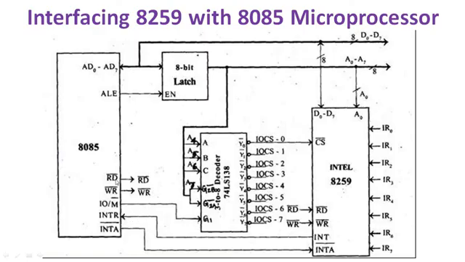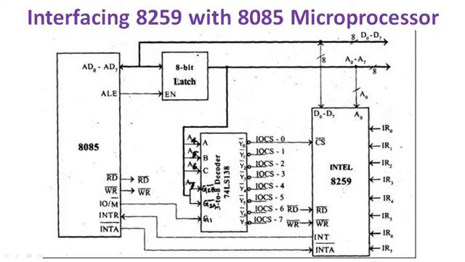Then RD bar and WR bar, so these are the read bar and write bar signals. Read bar signal is directly connected to read bar of 8259 and WR bar is connected to WR bar of 8259. So this is the simple interfacing diagram.